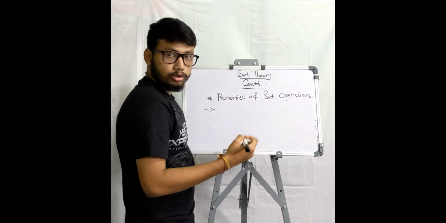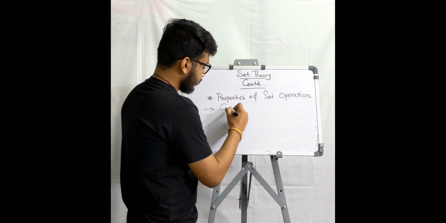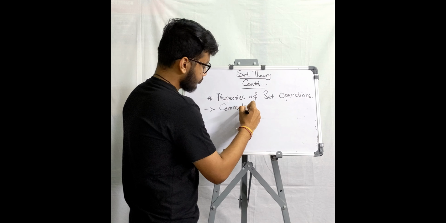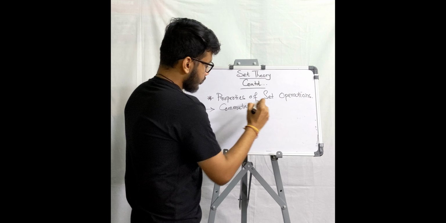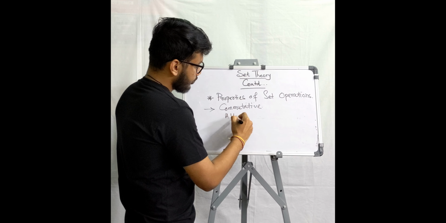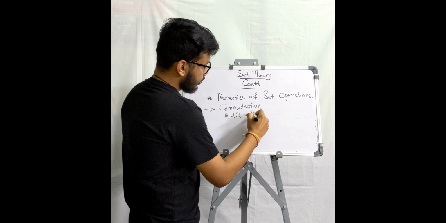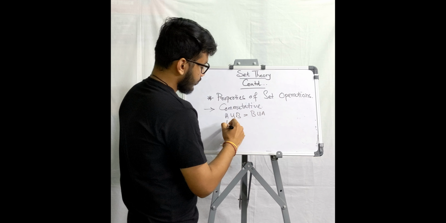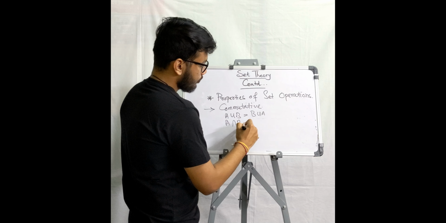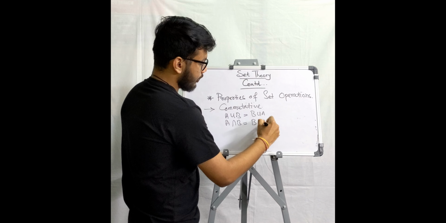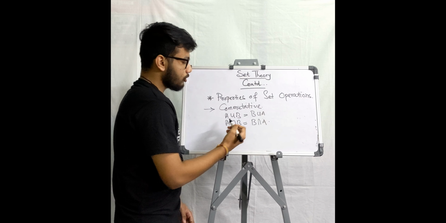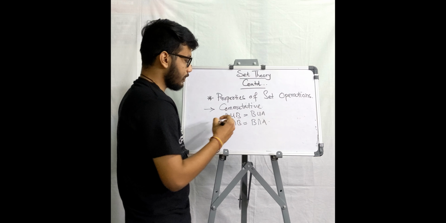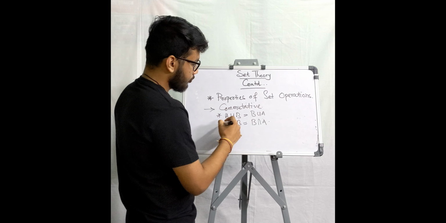Okay, so next comes commutative law. It says that A union B must be equal to B union A and A intersection B must be equal to B intersection A. So let us prove this with the help of an example. I'll prove the first one, you prove the second one.